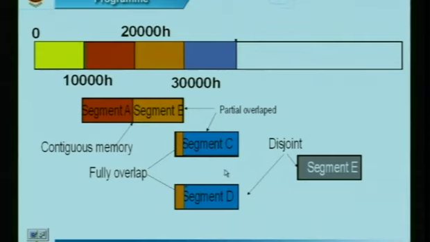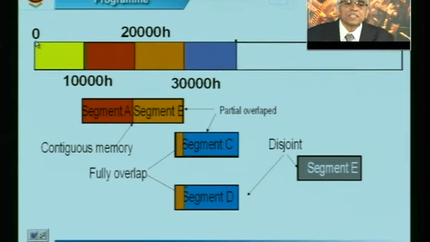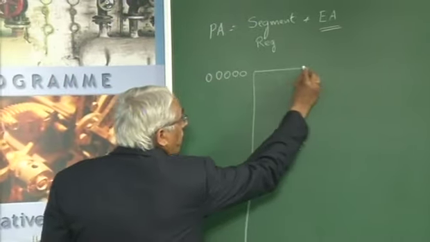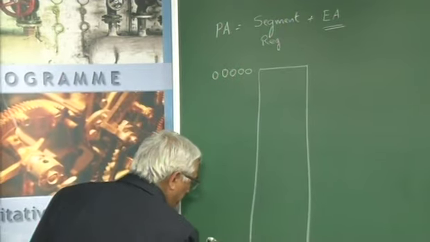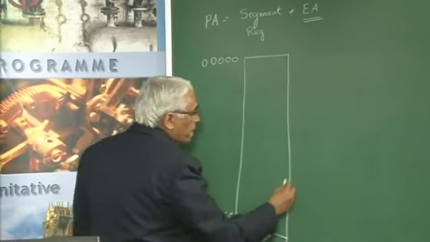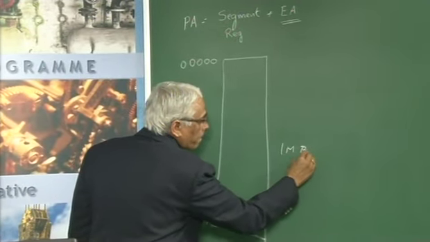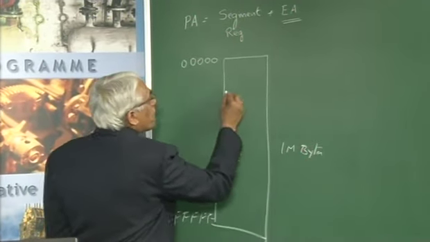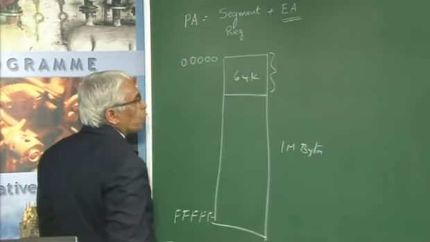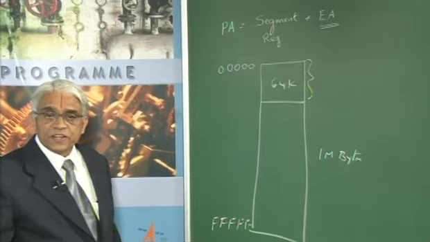What does this mean? It means that when you are talking about the memory locations, we have them starting from 0000 to FFFF. This is 1 megabyte of memory. So, we have segments of 64K, which are possible to interact with.